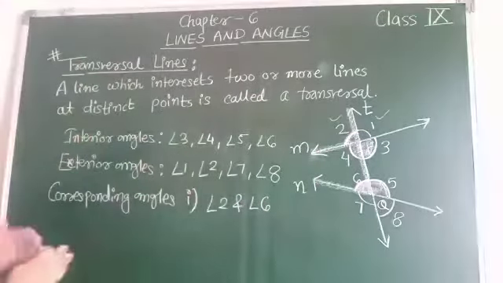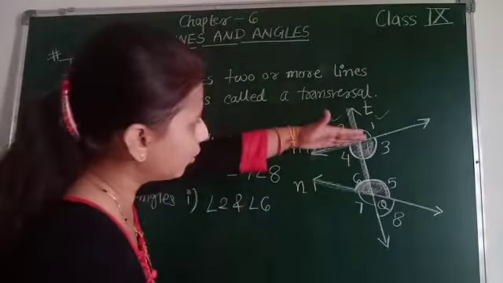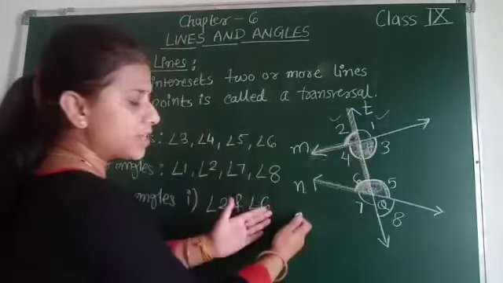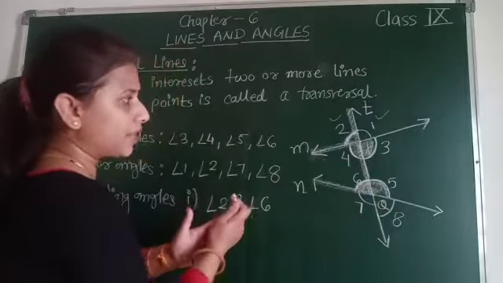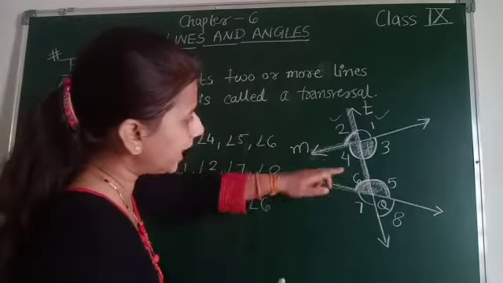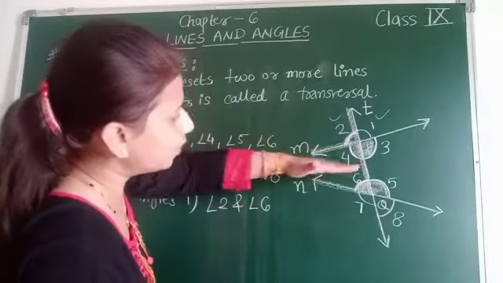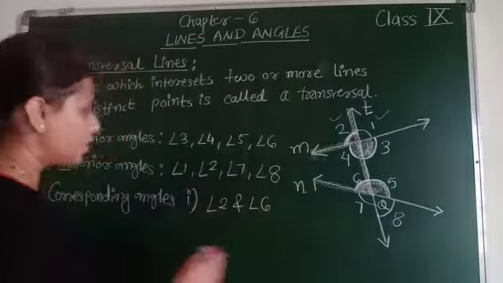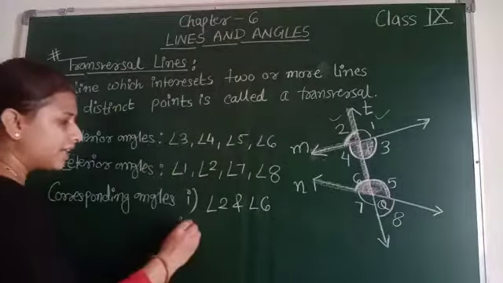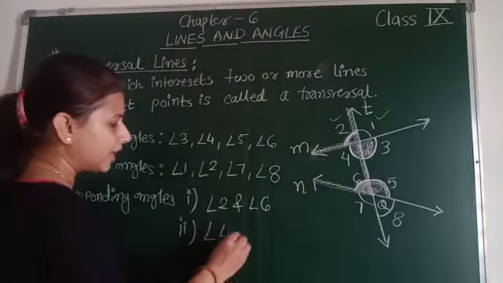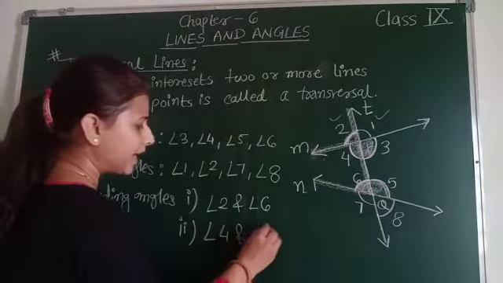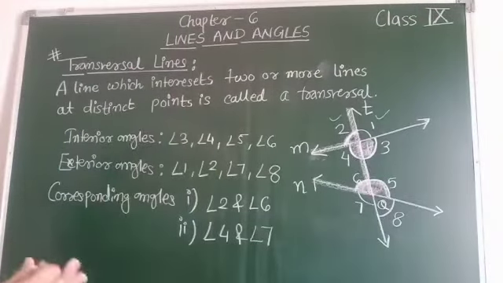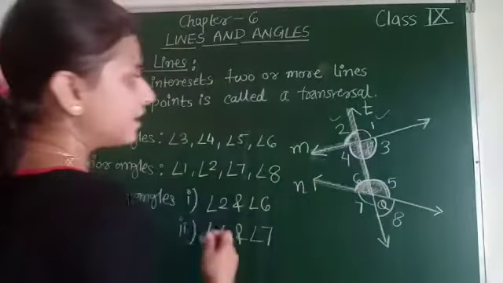Similarly, you can see here angle 4 is also on the left side of the transversal and angle 7 is also on the left side of this transversal, and both the angles are in the downward direction of this line M and line N. So these are another pair of corresponding angles, angle 4 and angle 7. Similarly, we will see on the right hand side also.